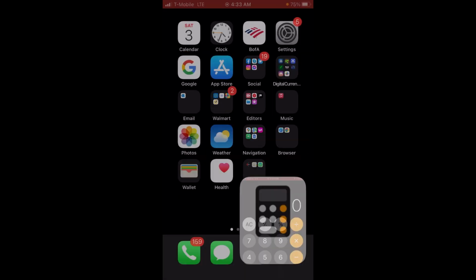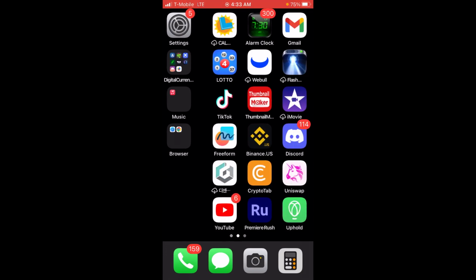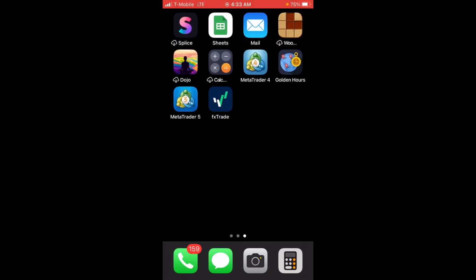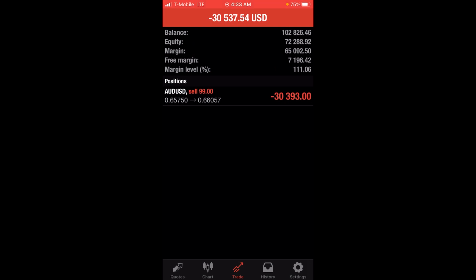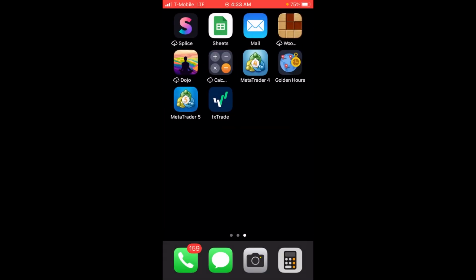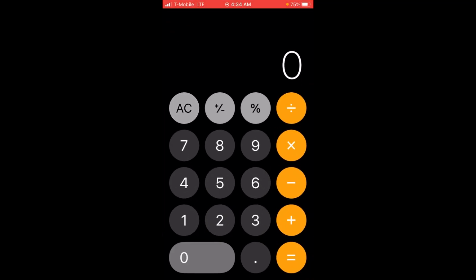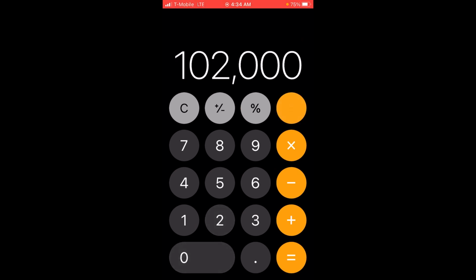So that's because if we look at my balance, my demo account again, balance roughly 102,000 ish. So 102,000 divided by 1,000 brings me to about a 102.